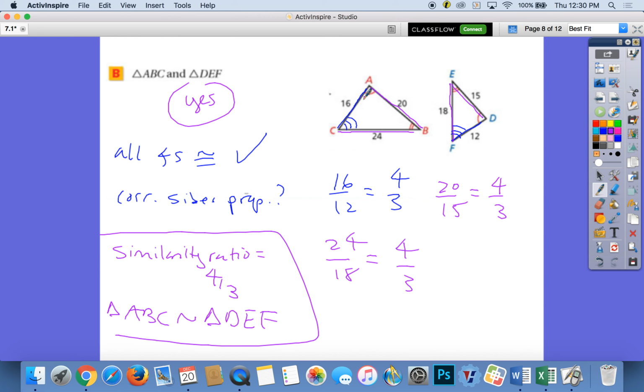Well, look at the fact that A and C go together, D and F go together, okay? So that's something to pay particular attention to as well. Because if you put 16 over 18, you're not going to get the correct similarity ratio, because side AC is not corresponding to side EF. AC is corresponding to DF. So that's something to be particular about when you're working these.